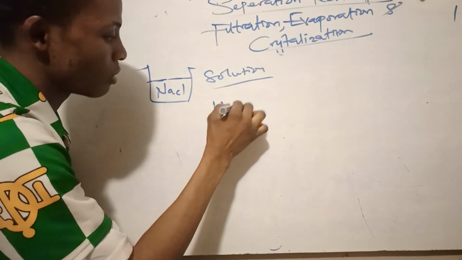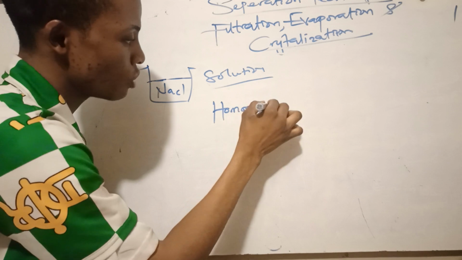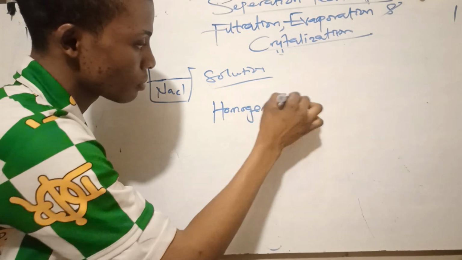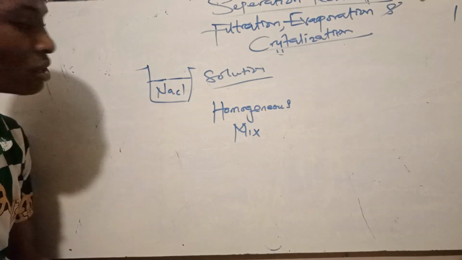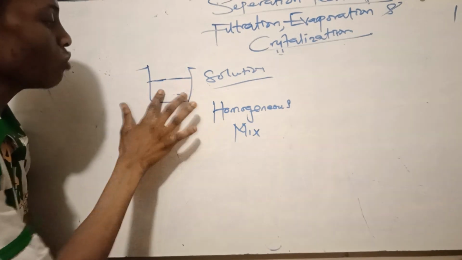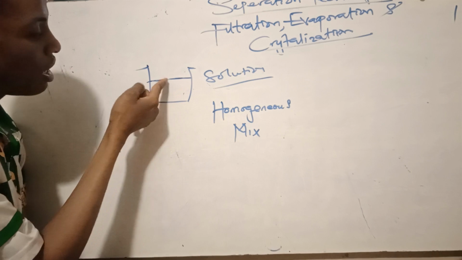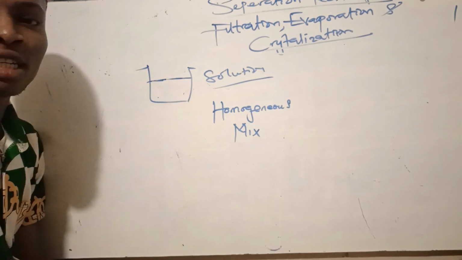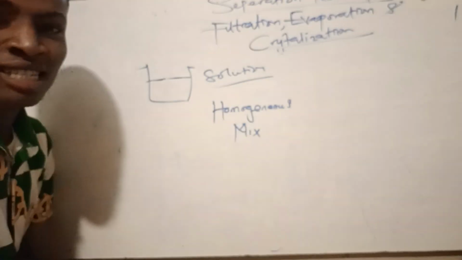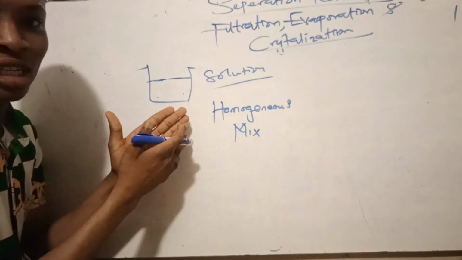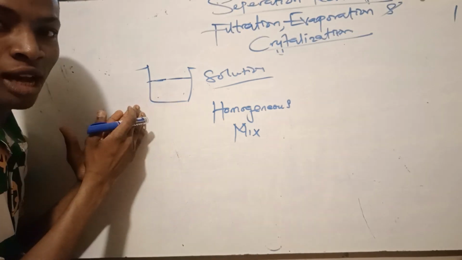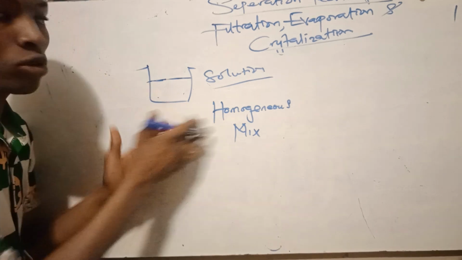A homogeneous mixture, because there's no boundary separation. You can't say this is salt and this is water. It is mixed together in such a way that you can't say this is salt on this side and this is water on this side, and this is what we call a solution.